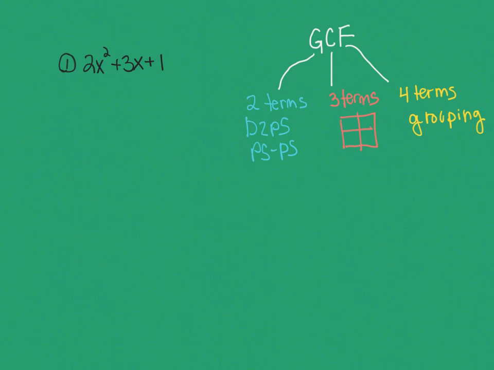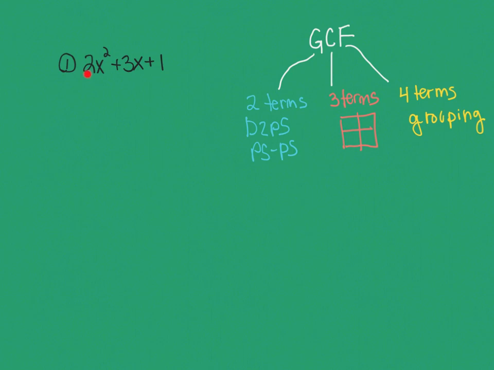All right, our first problem is 2x squared plus 3x plus 1. The first thing I look for is, is there a greatest common factor? That can be with the coefficients or with the variables.